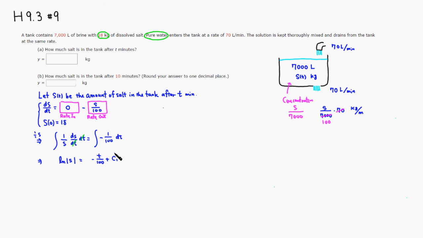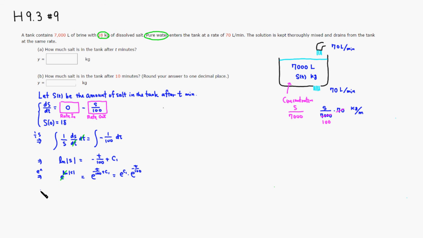All right, then to isolate S we raise e to both sides. So e to the natural log of the absolute value of S is equal to e to the negative t over 100 plus C1. We can split it as e to the C1 times e to the negative t over 100. Then we can cancel e and the natural log.